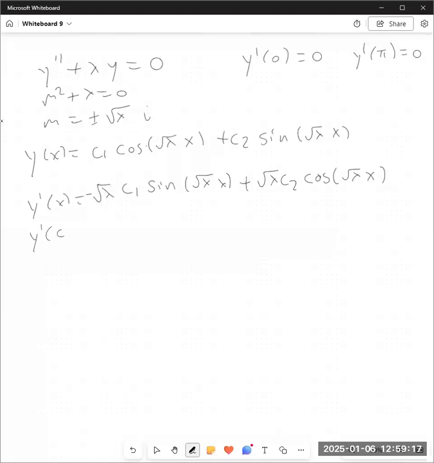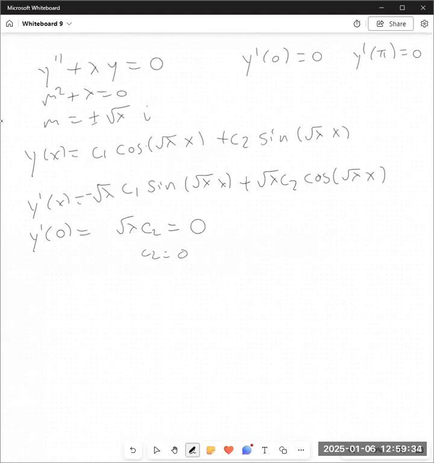y'(0) is equal to negative root lambda c1 sine 0, positive root lambda c2, and that equals 0.